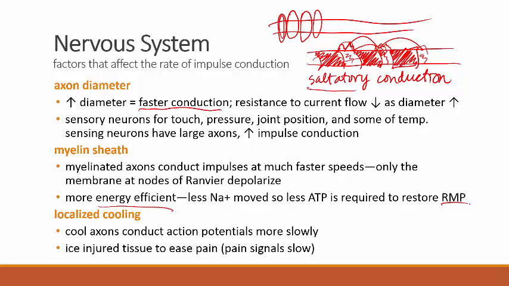And last of all, if a region is cooled, then nerve impulses are going to be conducted more slowly. This is how icing helps to decrease the amount of pain one feels when one injures oneself, because we conduct the pain signals much more slowly toward the brain.